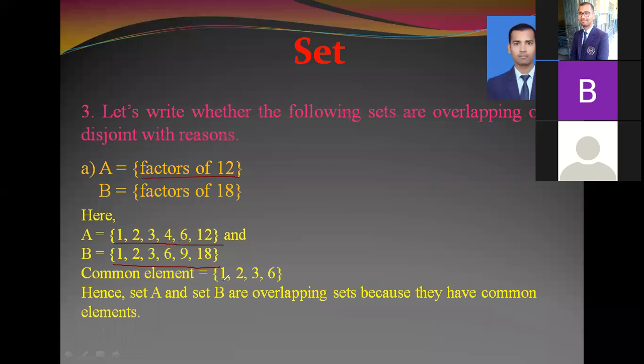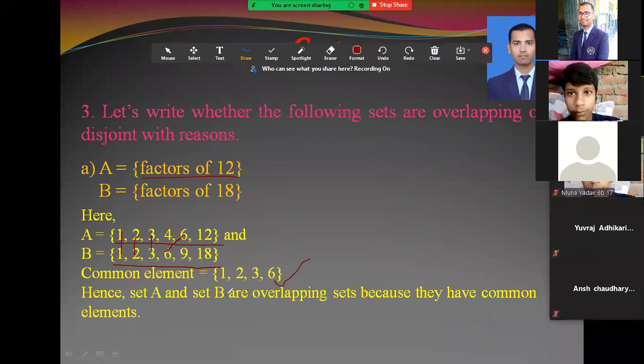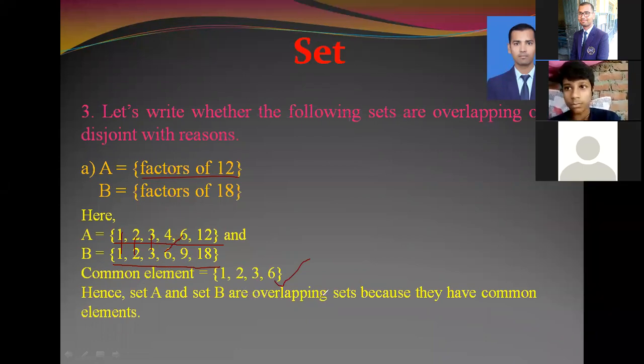We need to take out the common elements from set A and B. So the common elements are 1, 2, 3, and 6. That's why, with these being the common elements of set A and B, set A and set B are overlapping sets because they have common elements. Understood?